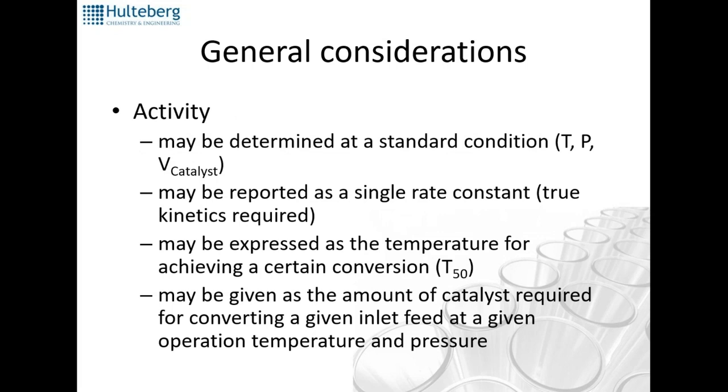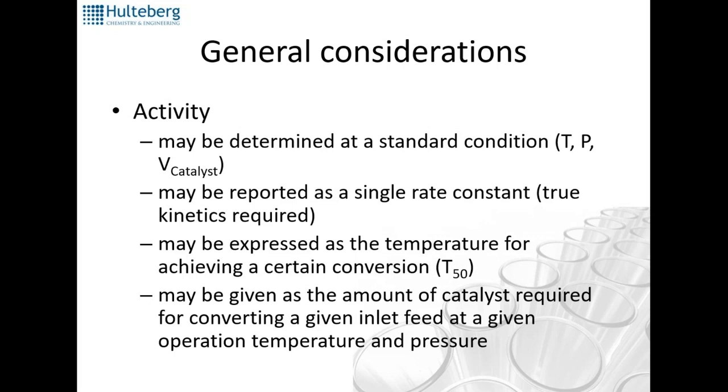Either we define it at a standard condition, so at a certain temperature, pressure, and catalyst volume, or we may report it as a single rate constant, which is the true kinetics, but that is a very difficult thing to measure in real life, in practice. So we'll come back to how you can do that in our catalyst testing webinar later on.